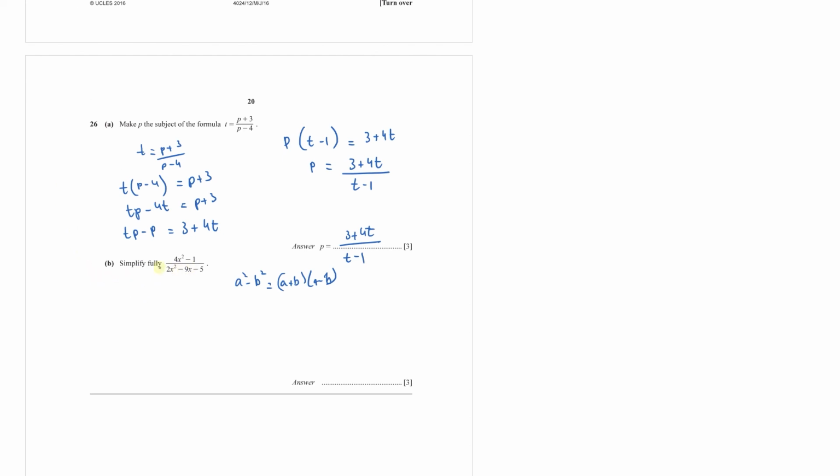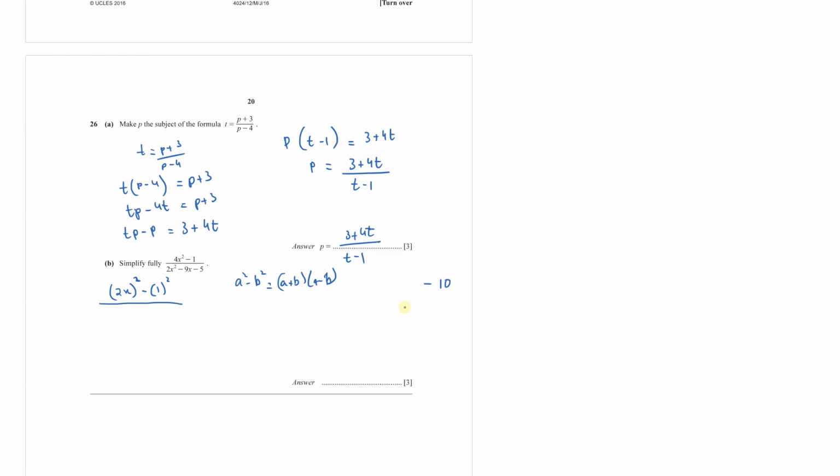So we can write 4x squared as 2x whole square, and this is 1 whole square. The square of 1 is 1, so we can write this as this. And then in the denominator, negative 5 times 2 is negative 10. So you have to find the factors of negative 10 that add to get negative 9.